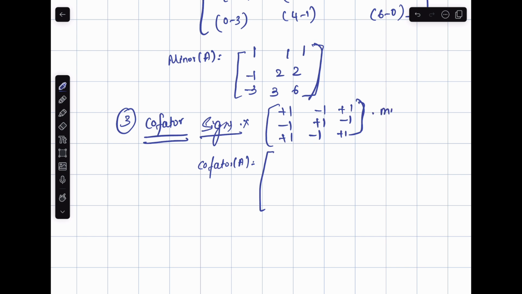So you are multiplying this matrix with the minor of A. So what I will get is plus 1 into 1 is 1, minus 1 into 1 is minus 1, plus 1 into 1 is 1. Similarly, you multiply all the terms, so you will get 2, minus 2, minus 3 and 6.